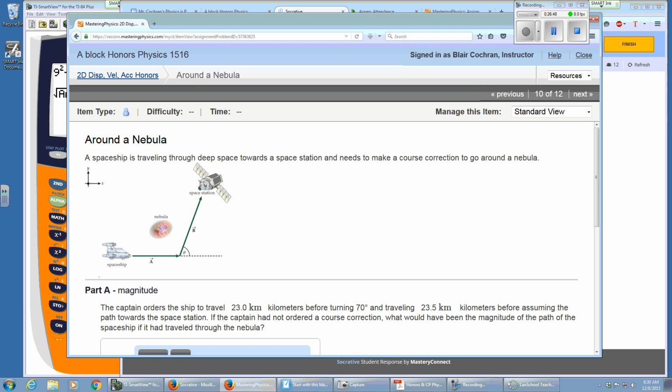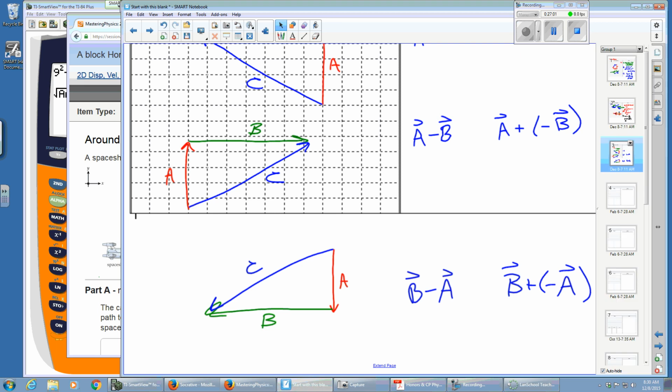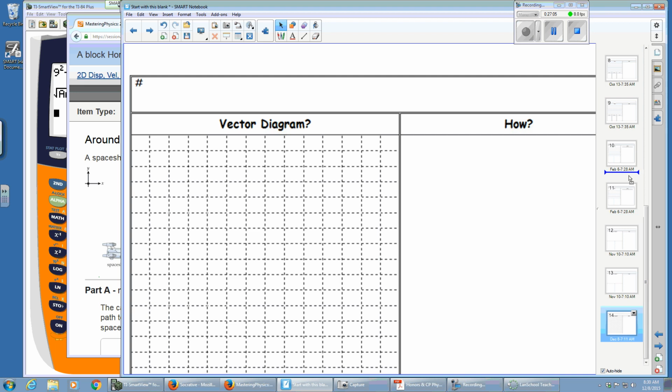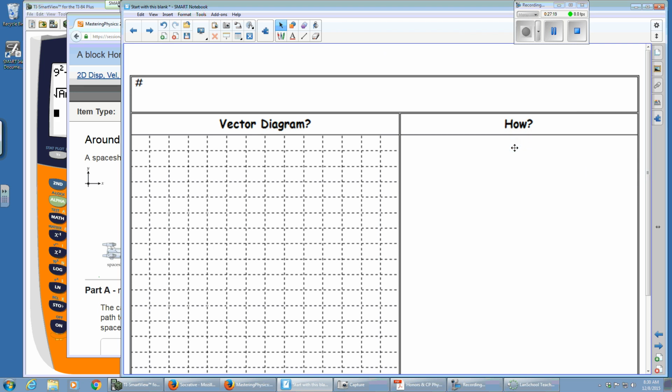All right. So I'm going to grab the picture just so, no, I'll redraw it. A, B, okay. So let's, another vector sheet. There we go. Okay.